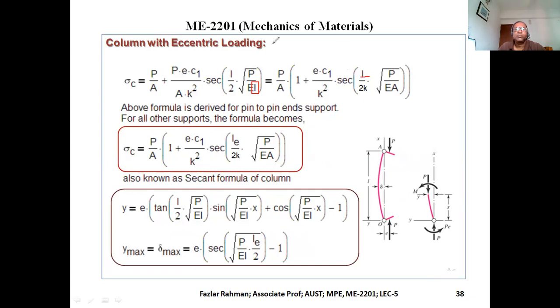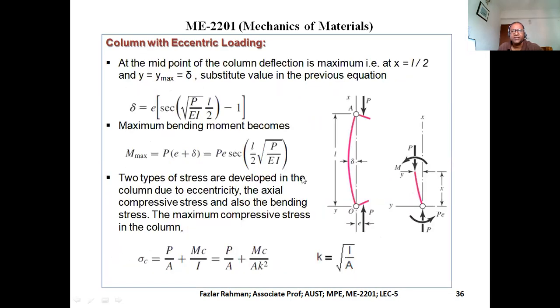And how did we derive the above formula? We started with a pin-to-pin column, right? But there might be both ends fixed, or one end fixed and the other end free. We don't know, right?